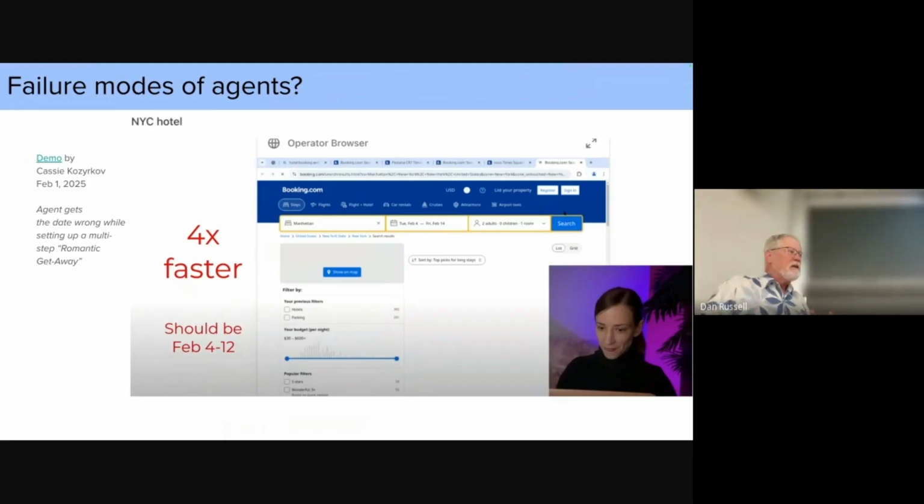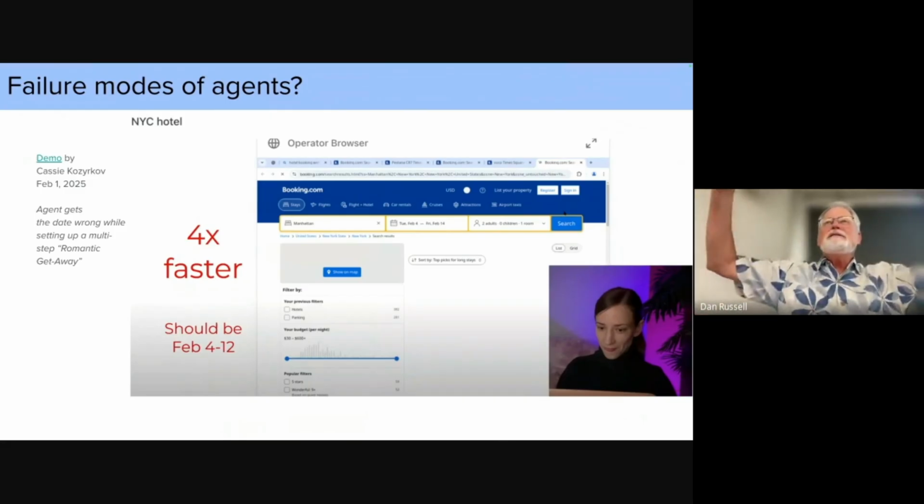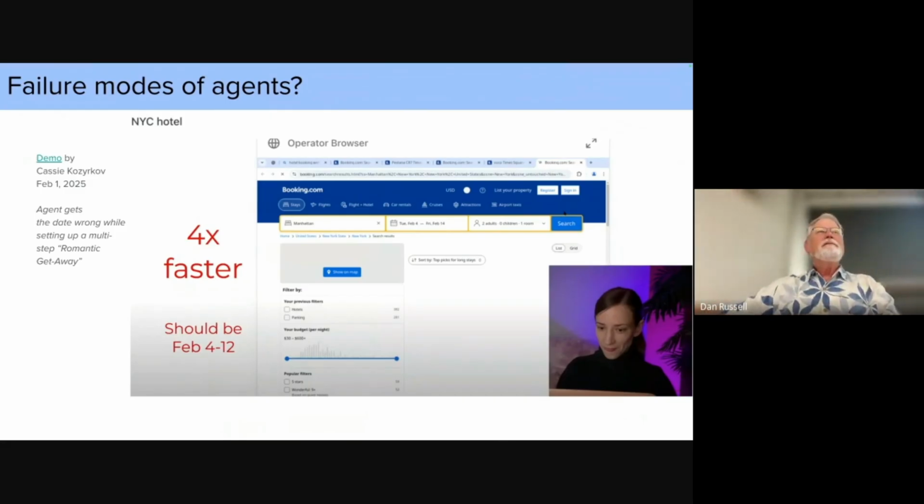And she says basically, I want you to find a romantic evening for me and my sweetie in New York City. And it goes ahead and does it. It's really fast, and it sets it up for the wrong date. She doesn't know that until after the hotel has been booked and the restaurant has been reserved. See the problem?